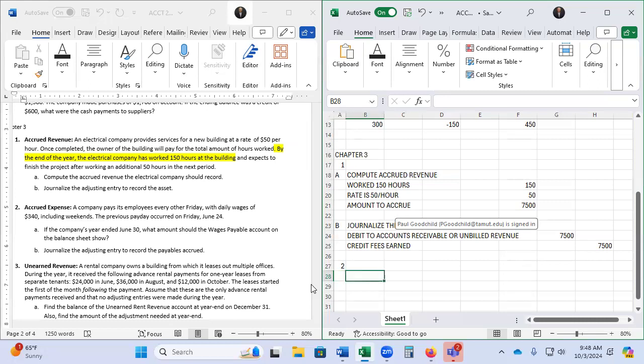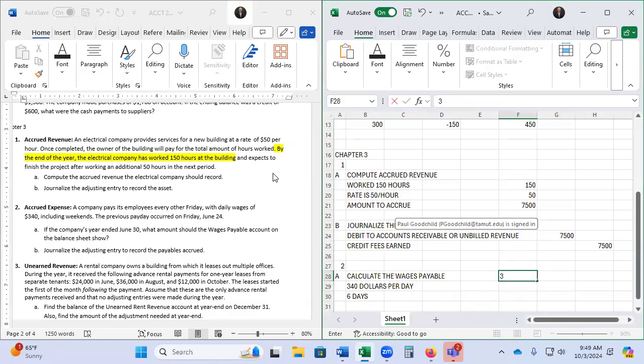All right. So we have to calculate wages payable. And so we have $340 per day. And that includes the weekend. So we're going to count Saturday and Sunday. And so they have 6 days to accrue.